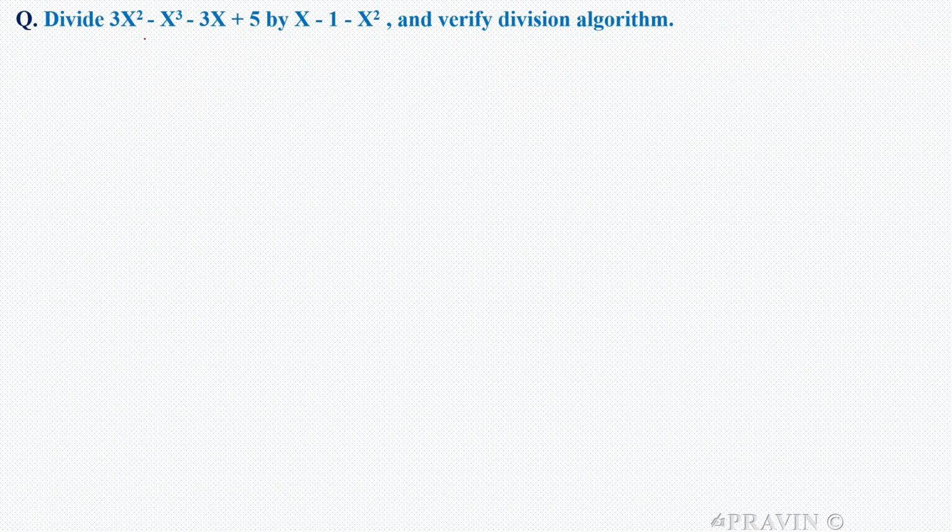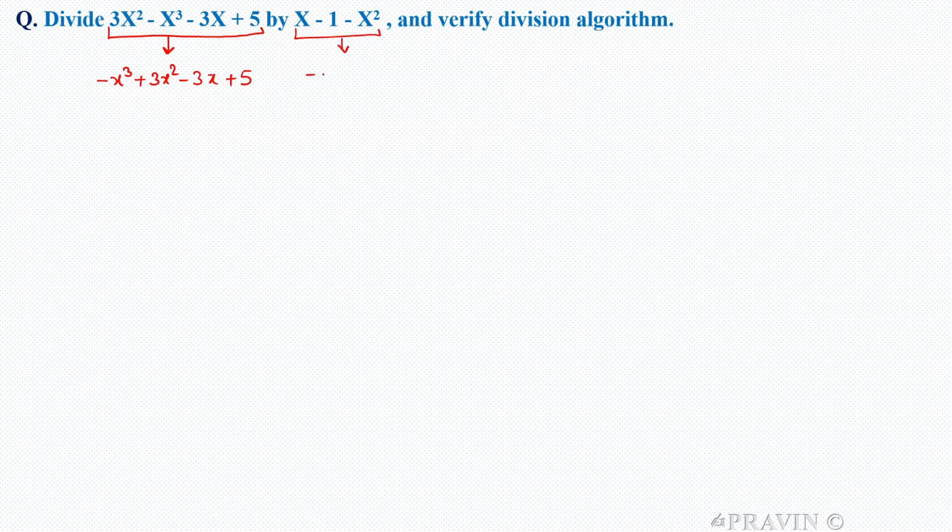Here you will find that you have to divide by this polynomial x minus 1 minus x square, but neither of the polynomials is written in standard form. First you need to write both in standard form. So here I will write this in standard form. For that you write minus x cube plus 3x square minus 3x plus 5, and also write the divisor in standard form.